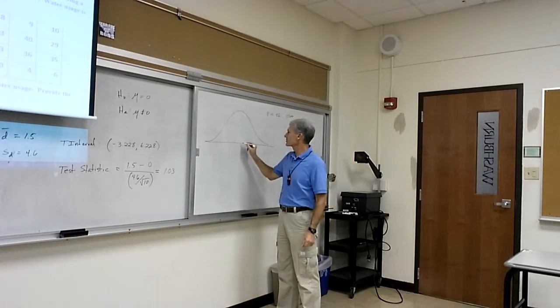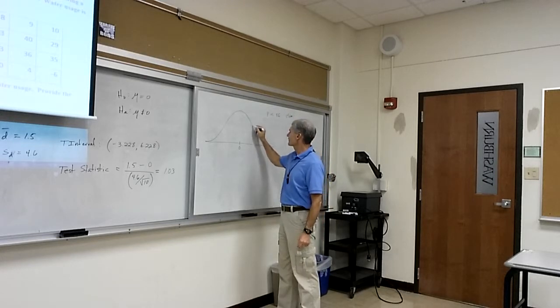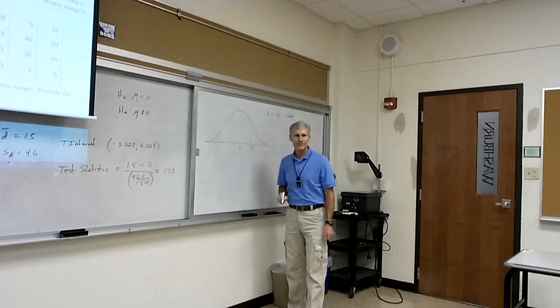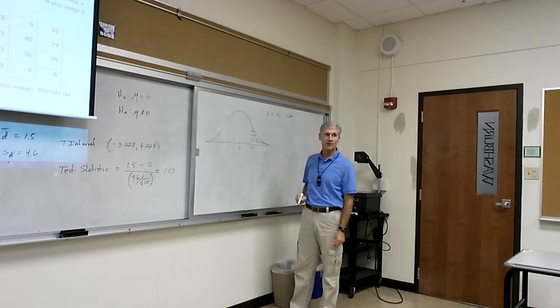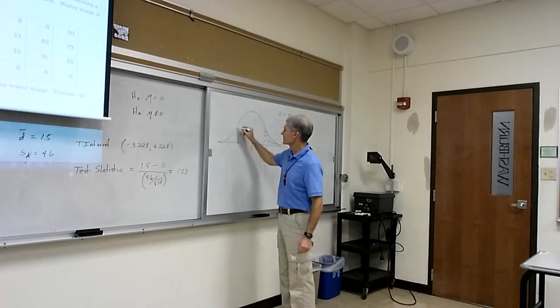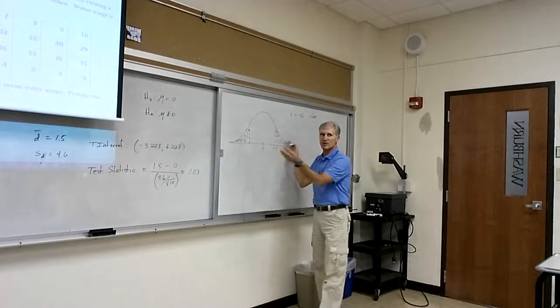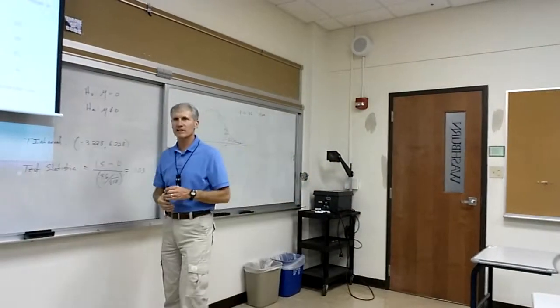If the null is true, that would be centered at 0. But we got 1.5, and that's just about exactly one standard error away. The p-value is the probability of being that far or further, and it's a not equal symbol, so it's in either direction, so you get a big p-value. Not less than alpha. You would fail to reject the null hypothesis.